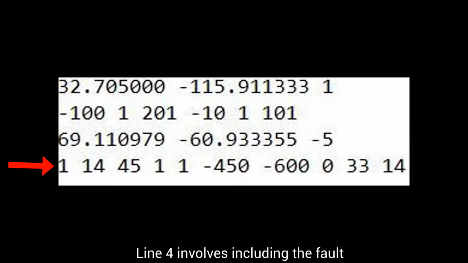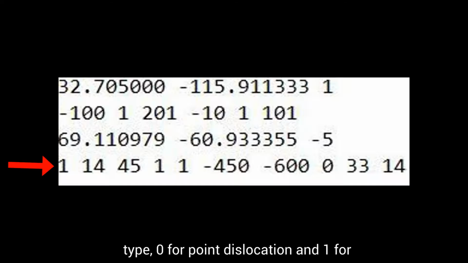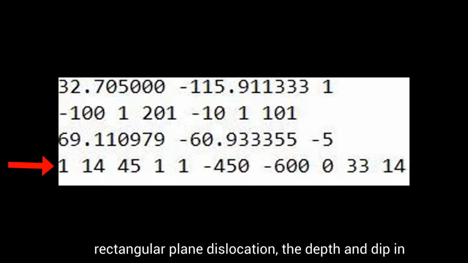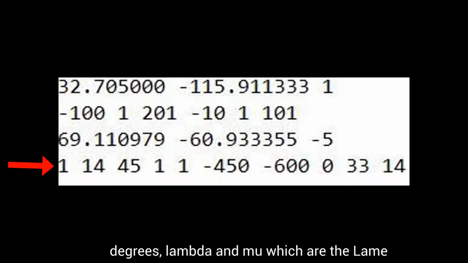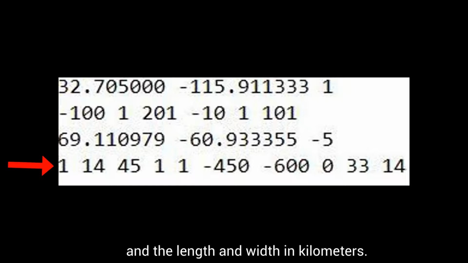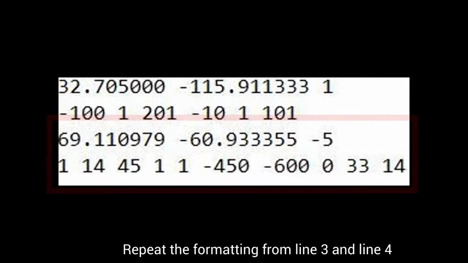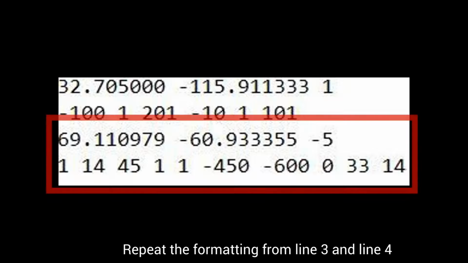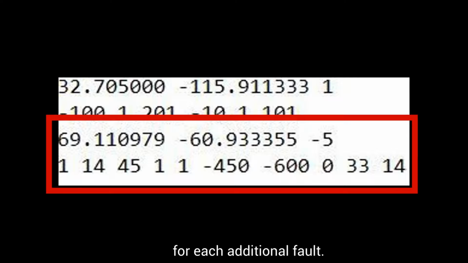Line 4 involves including the fault type, 0 for point dislocation and 1 for rectangular plane dislocation, the depth and dip in degrees, lambda and mu, which are the Lamé elastic parameters measured in pascals, and the length and width in kilometers. Repeat the formatting from line 3 and 4 for each additional fault.